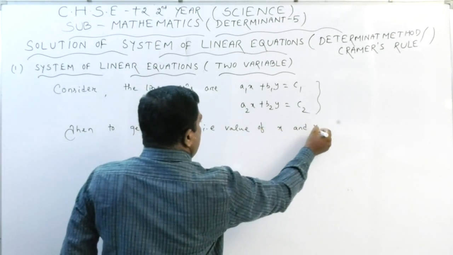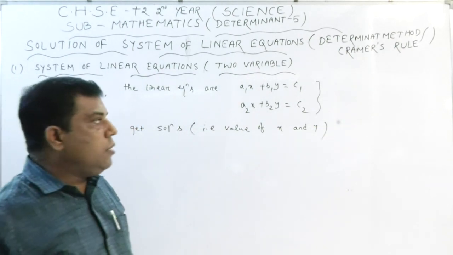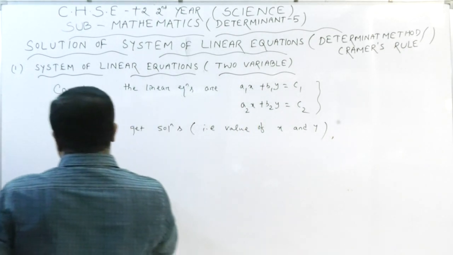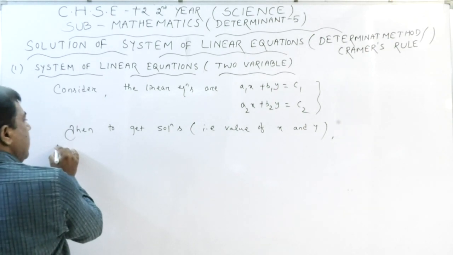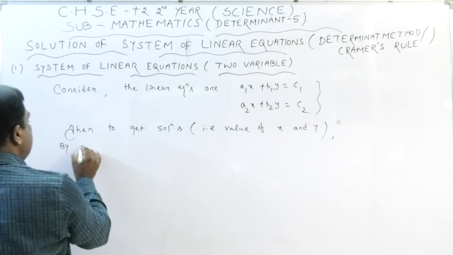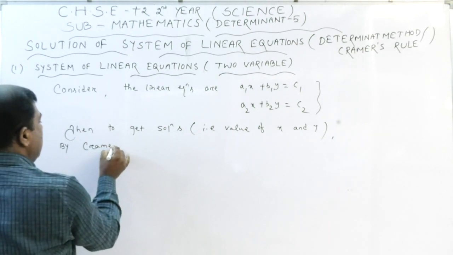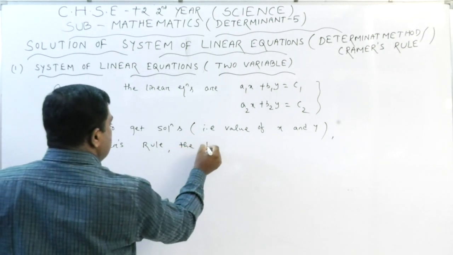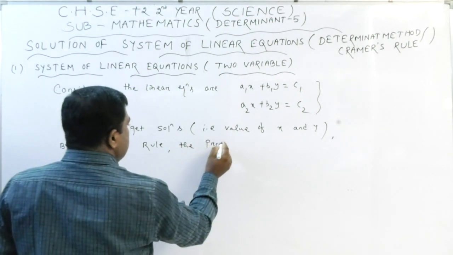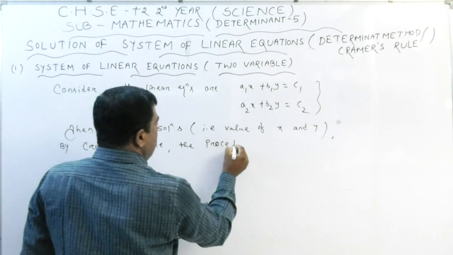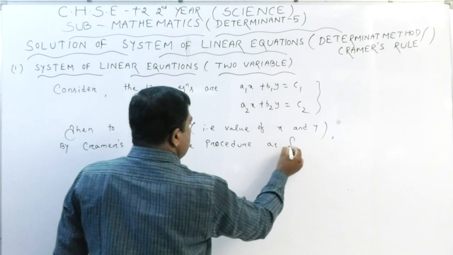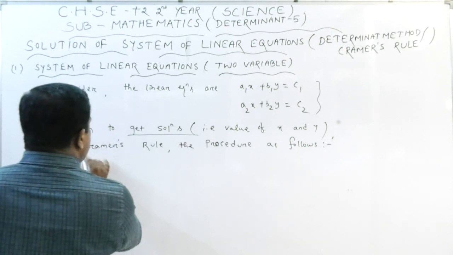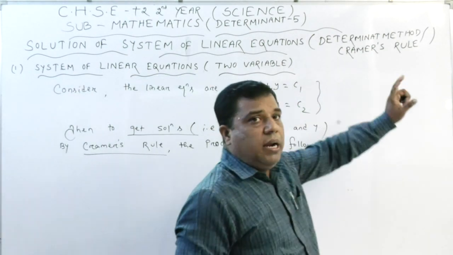First you have to find the determinant D. So by Cramer's rule, the procedure is as follows. To get solutions by Cramer's rule, which is called the determinant method.